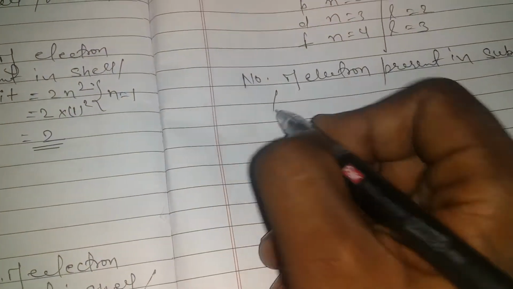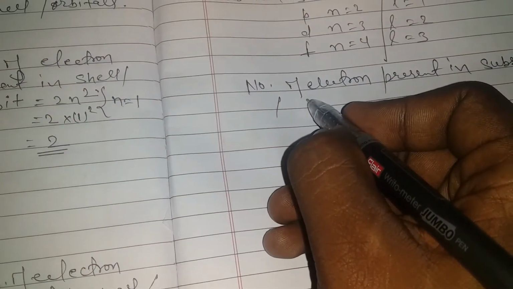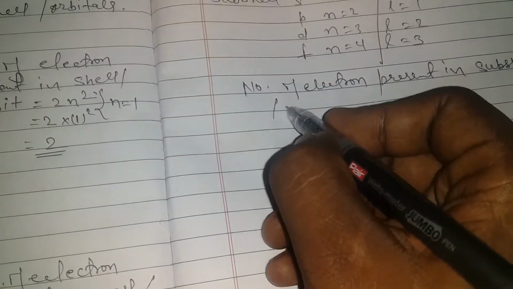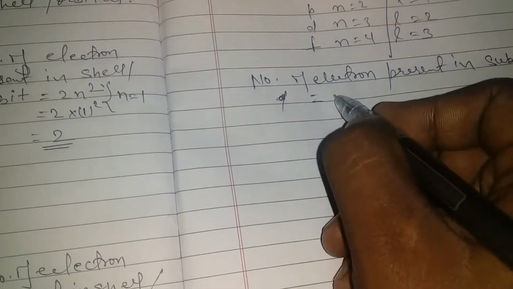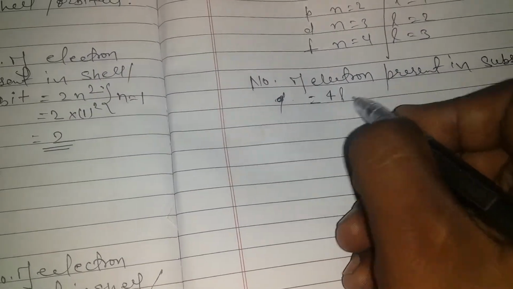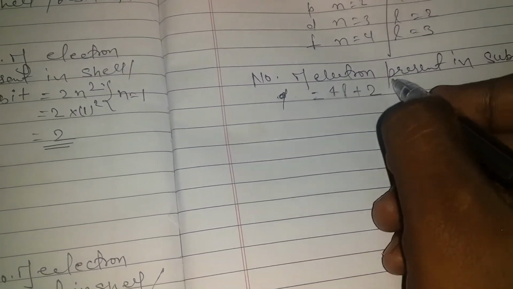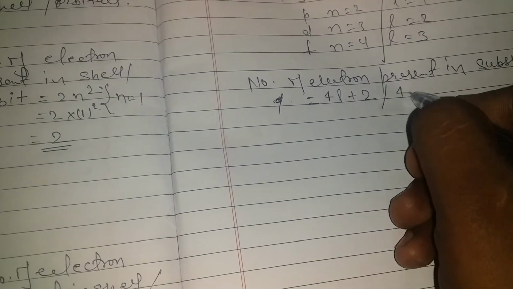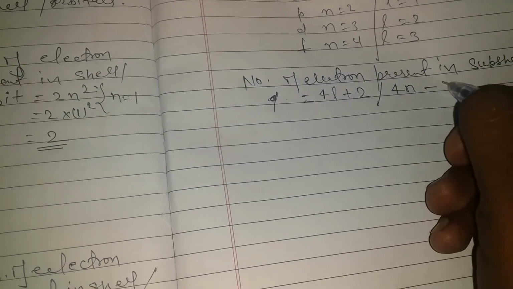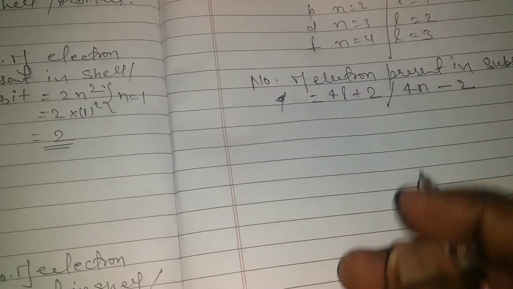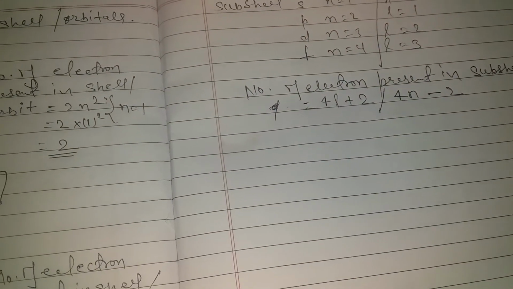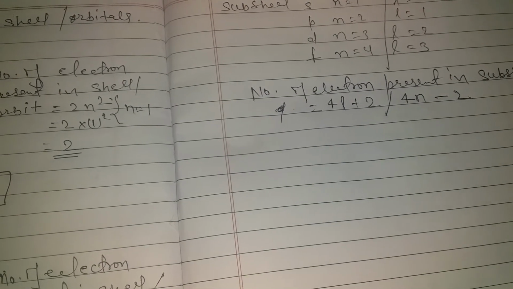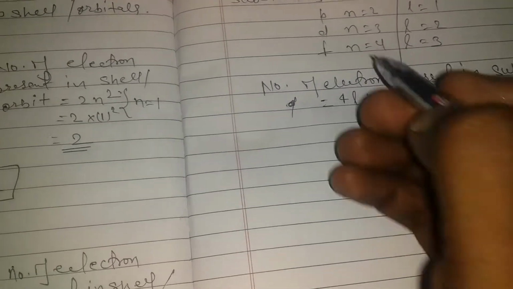For the subcell, we have two formulas: the first is 4L plus 2, and the second is 4n minus 2. Both formulas make it easy to obtain the number of electrons present in the subcells S, P, D, F, G, and so on.